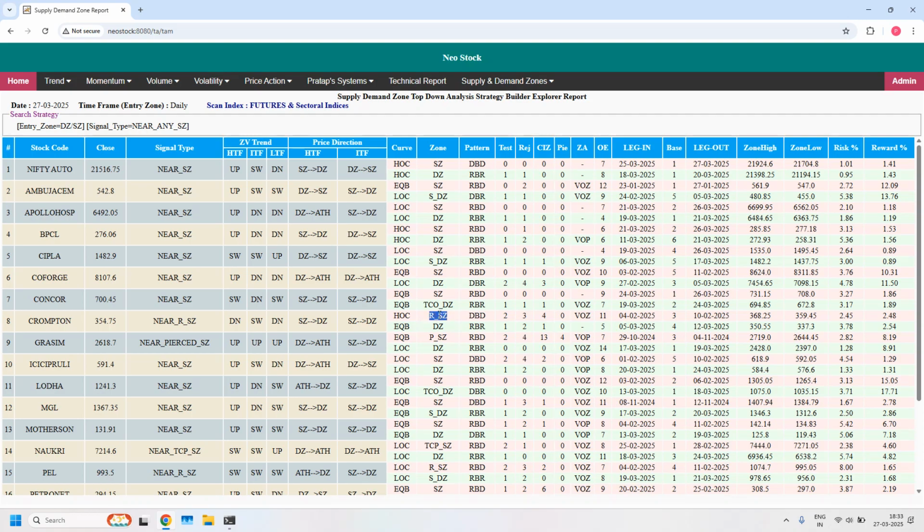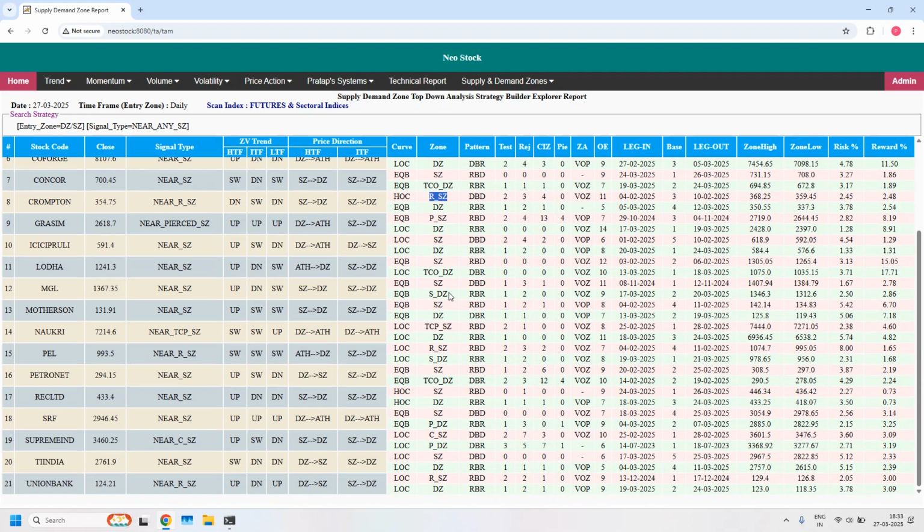Crompton is having a daily high liquidity supply zone. This is the first one. Naukri is having a high liquidity daily supply zone. Next, PL is having a daily high liquidity supply zone, and it is moving between high liquidity demand and supply zones, so sometimes on either side you may get trade opportunities.